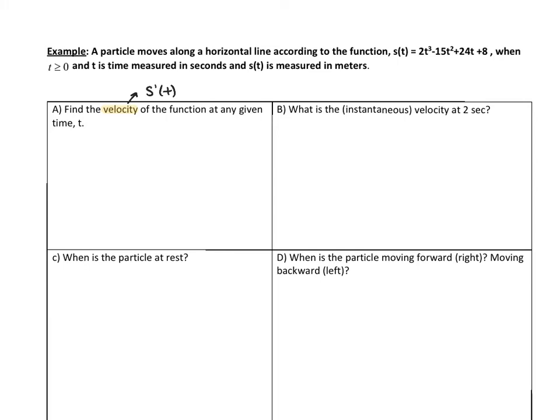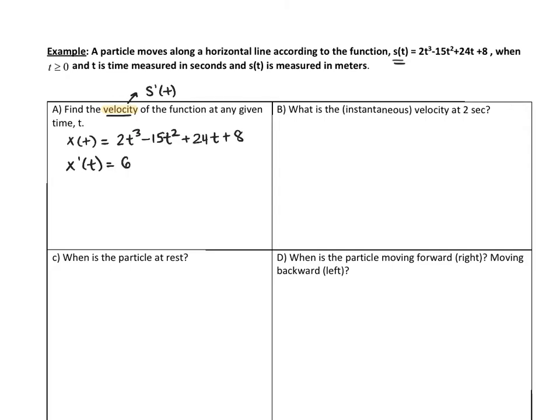So we start with s of t, which we could write as x of t, they're interchangeable. So x of t is equal to 2t^3 - 15t^2 + 24t + 8. And x prime, or my first derivative, is my velocity. So taking the derivative, we're going to use the power rule.